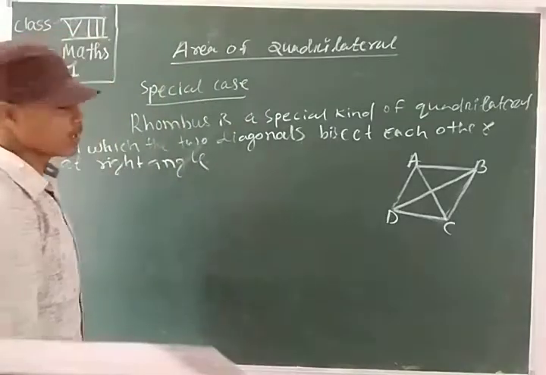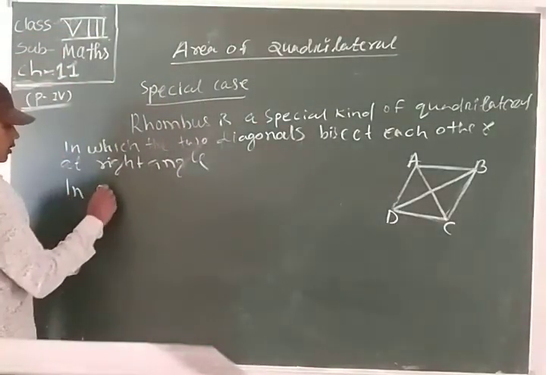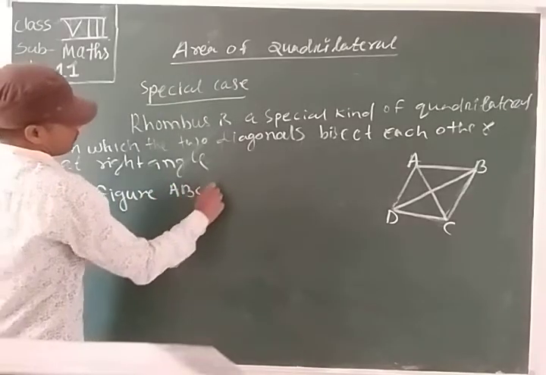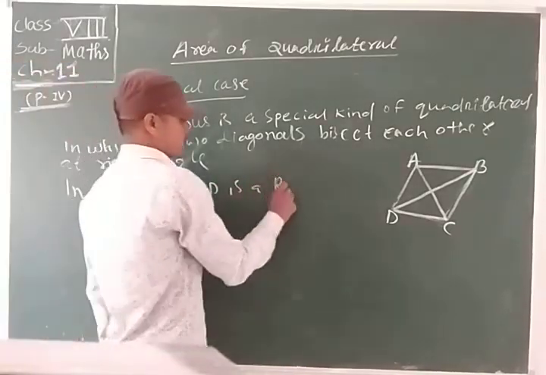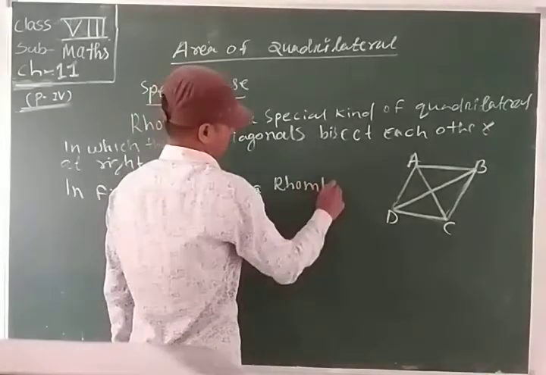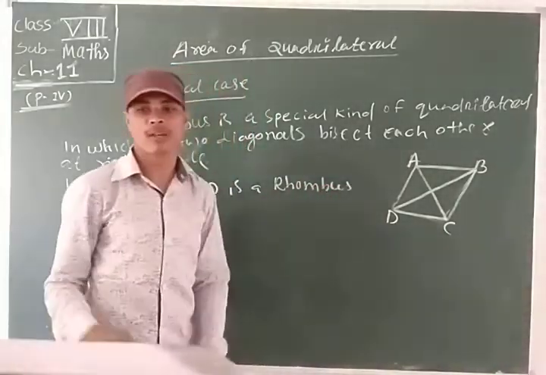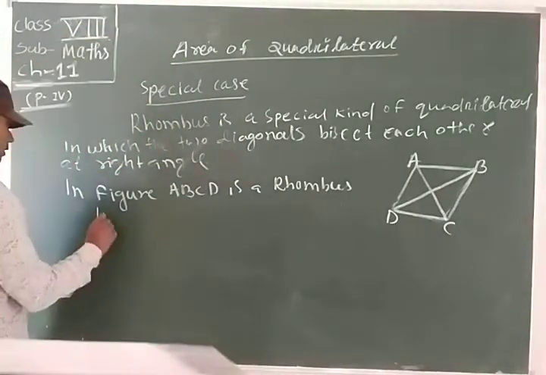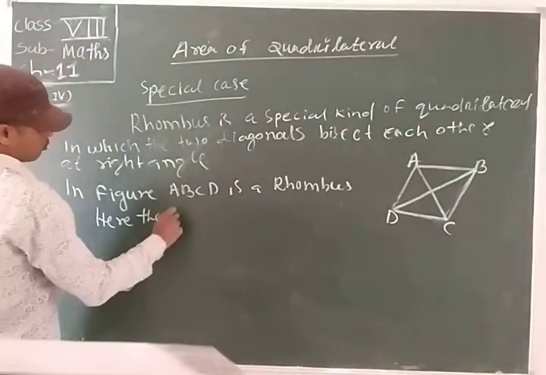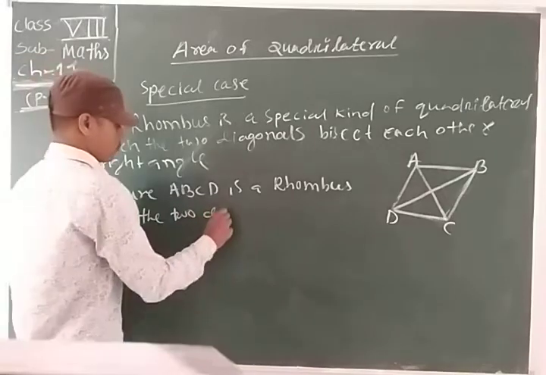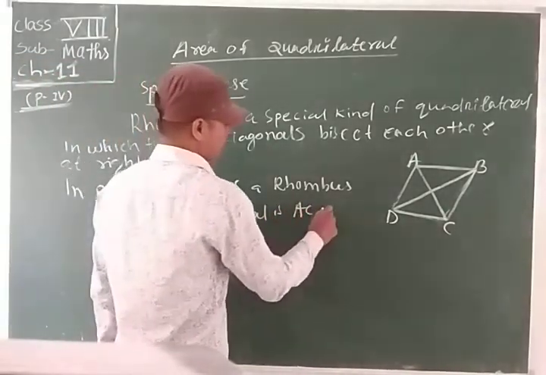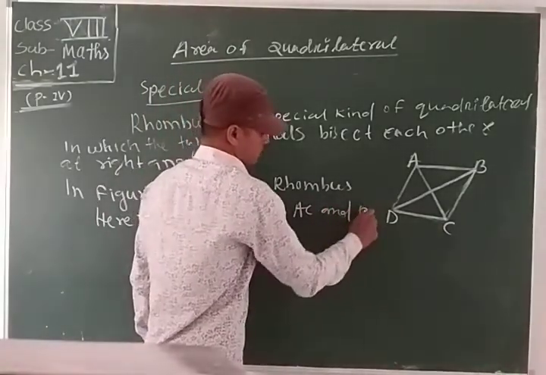In the figure, ABCD is a rhombus. The two diagonals are AC and BD.